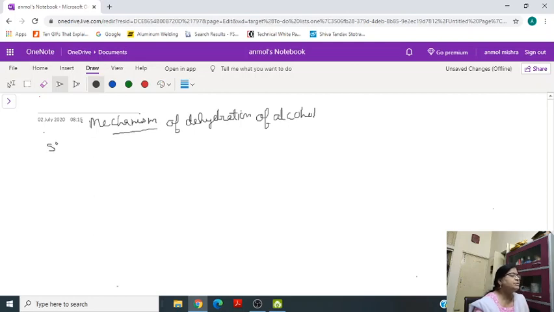First step is formation of protonated alcohol.